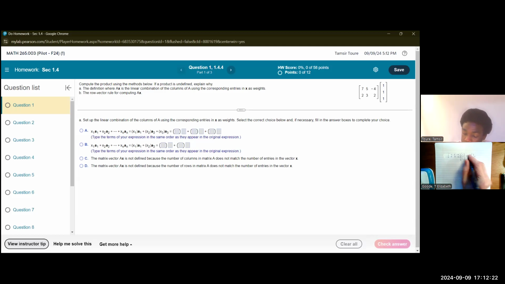Plus, because X1 is 1 and X2 is 1. So I can see right now I'm going to need 3 columns multiplied times 3 coordinates.